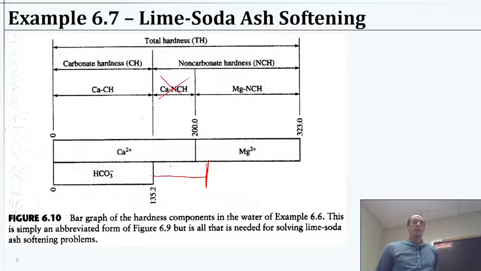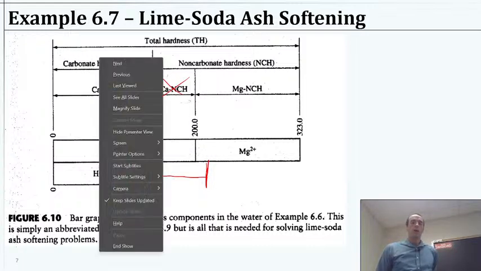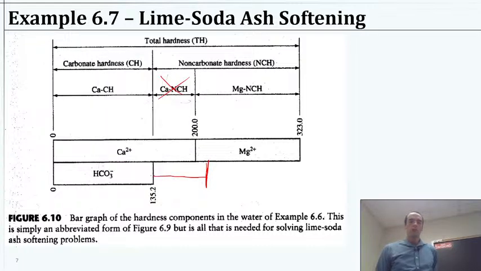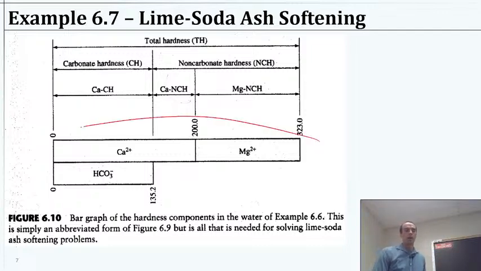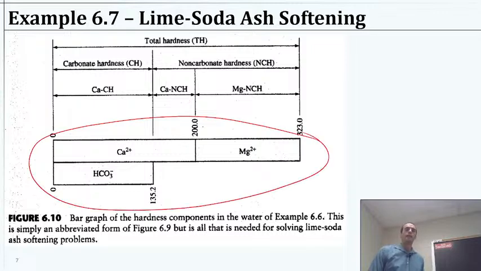So depending on the ratio of these pieces, that's going to kind of dictate where things end up. So you can kind of think of this graph in two categories. One describing the actual constituents, and then given those, we can identify how much of our hardness can be removed by the different steps that we were just looking at.